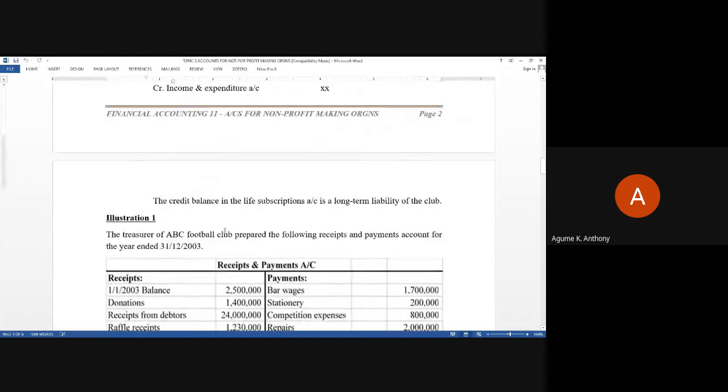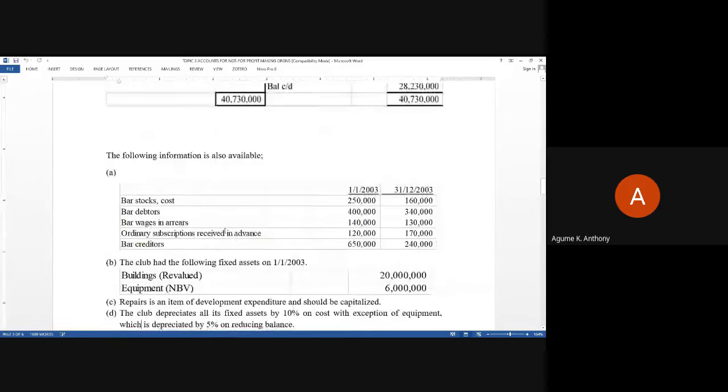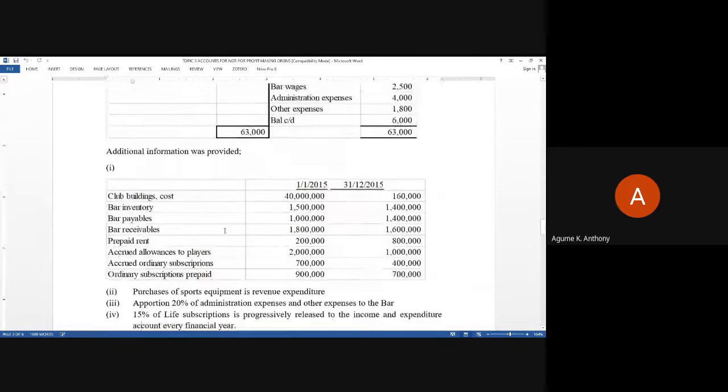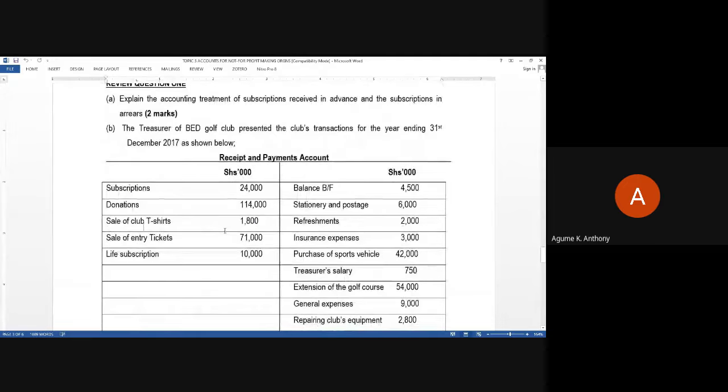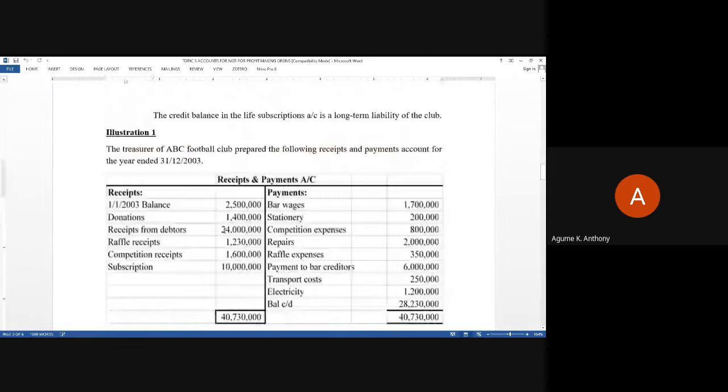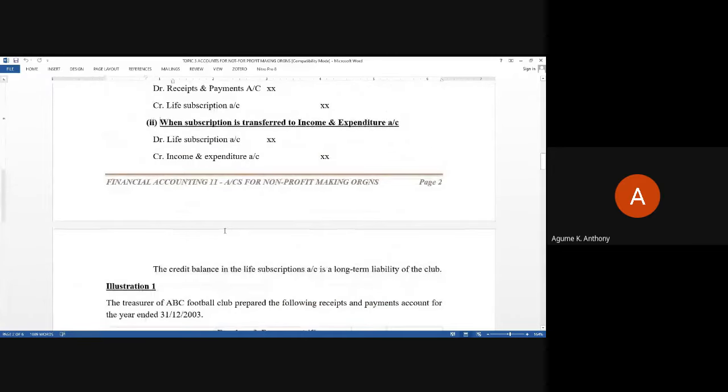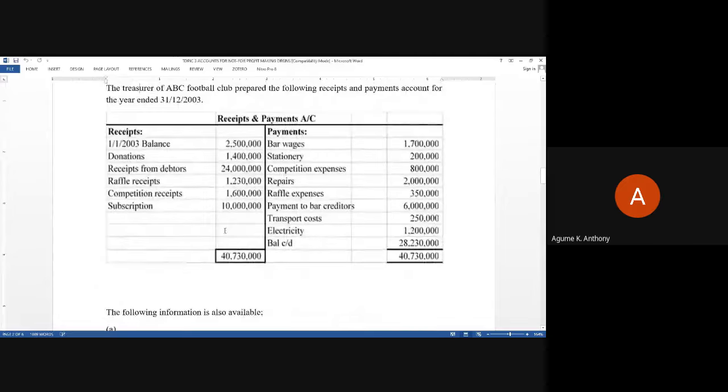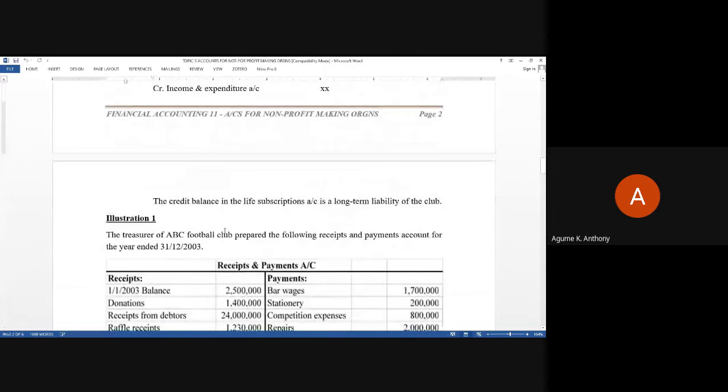Now, having looked at that, we have a comprehensive example, and I'm going to do an example and then you do the rest of the numbers. You have ABC, the treasurer of ABC Football Club prepared the following receipts and payments account for the year ended 31st December 2023.